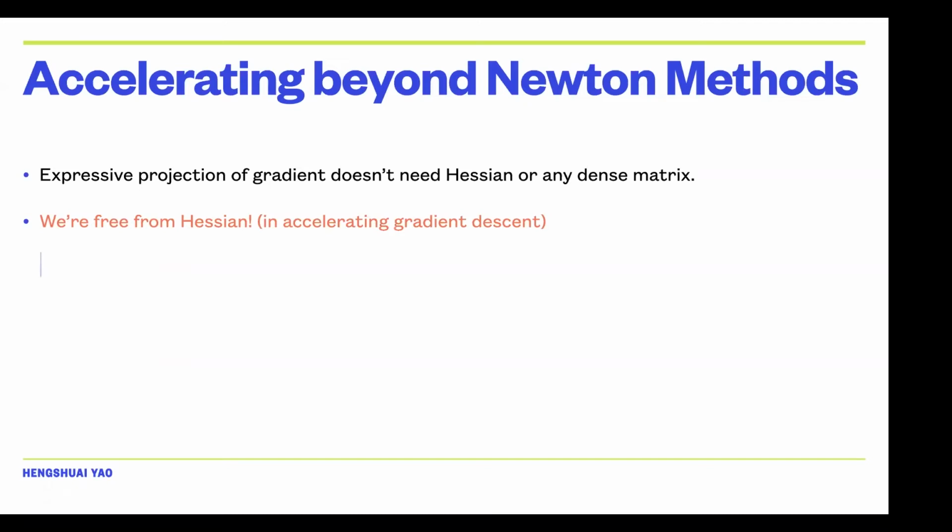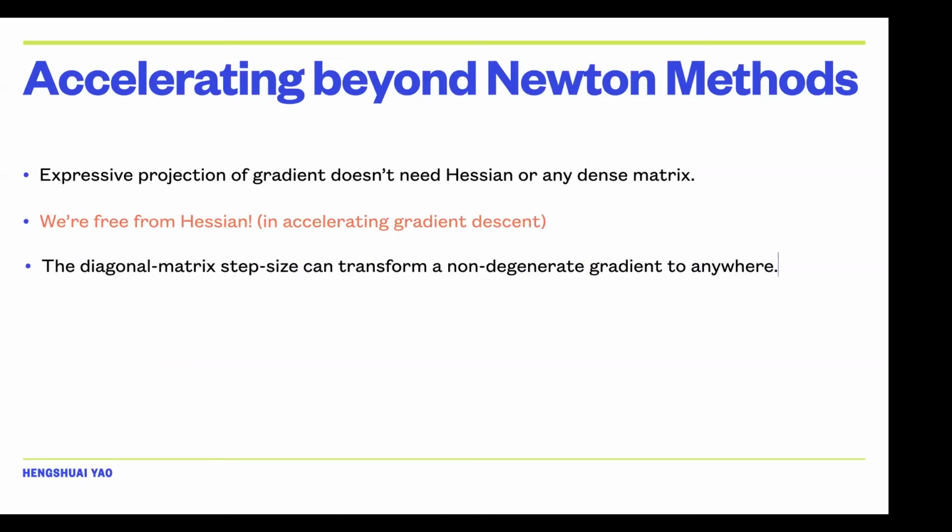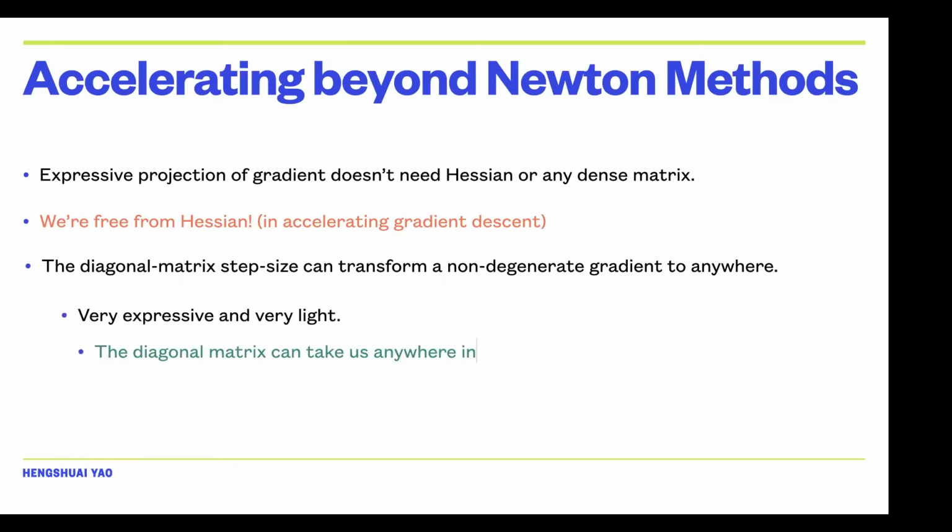This appears to be a big deal. The diagonal matrix step size can transform a non-degenerate gradient to anywhere. Non-degenerate just means the components of the gradient vector are not zero. So the diagonal matrix seems very expressive and very light in projection. A diagonal matrix can take us anywhere in the n-dimensional space.